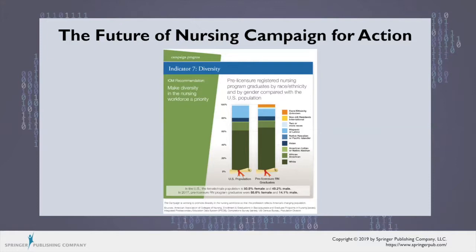If you go to the Future of Nursing Campaign for Action website, you'll find these charts for all 50 states and for the District of Columbia, and you'll be able to see the demographic makeup of your own particular state and then compare that to the demographic composition of your own pre-licensure RN graduates in your state. Okay, next slide.